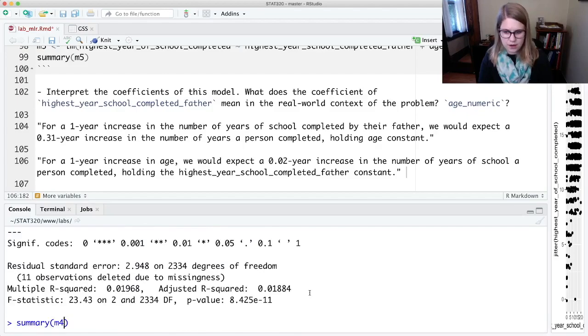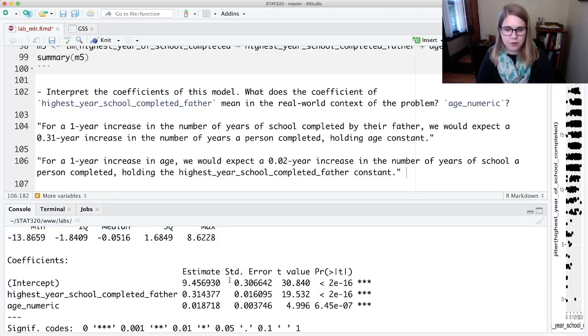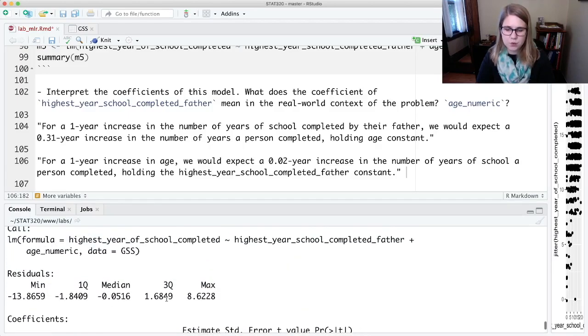And then M5. So I think it was between M3 and M5, and my adjusted R squared is the highest one I've seen. I'm explaining 18.51% of the variability, and then the adjusted R squared is also high. So this is a pretty good model for explaining the variability in the number of years of school completed.